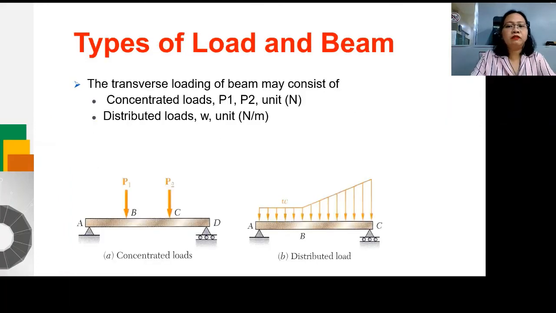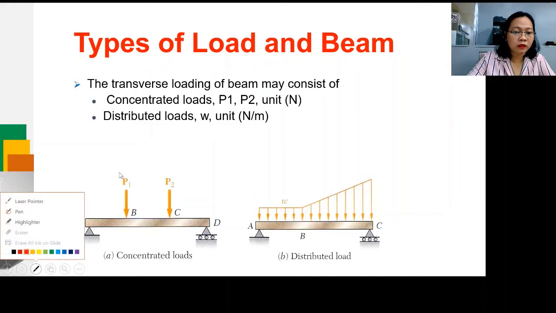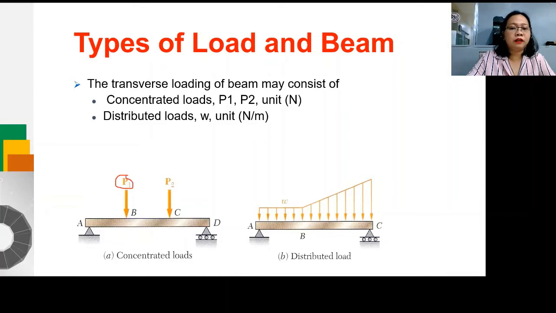So types of load and beams. The transverse load of beam may consist of concentrated load. Usually concentrated loads are symbolized by P1, P2, and this is applied at a particular point in the beam.